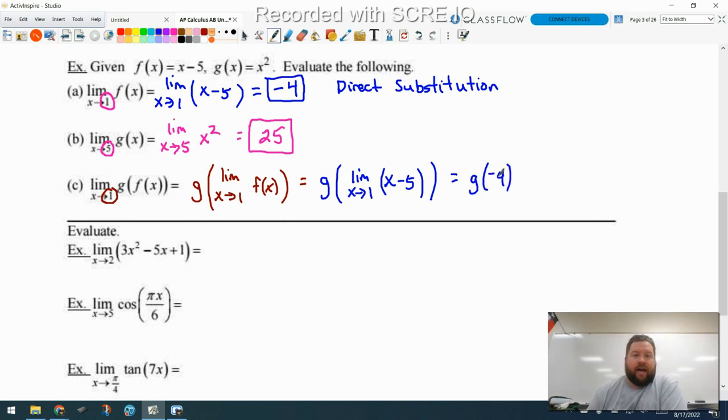All right, and now it's no longer a limit problem. This is just a function evaluation. This is your x value, plug it in. So this is equal to negative 4 squared, and negative 4 squared is positive 16. So that's how you can handle a composite function. Pull that limit inside the two functions where you're splitting them up. Evaluate the limit, then evaluate the function, and you're there.